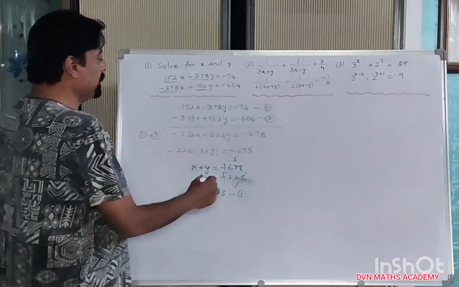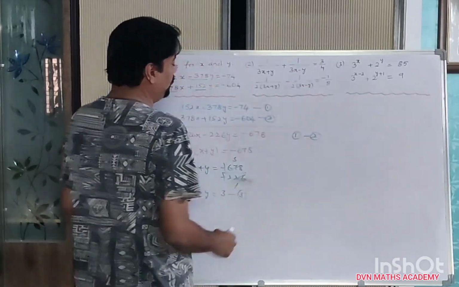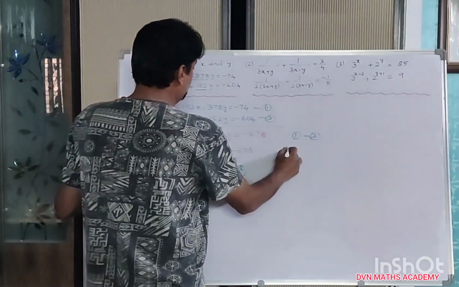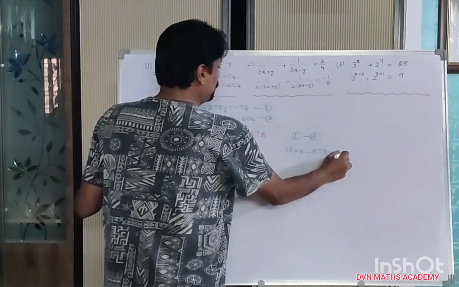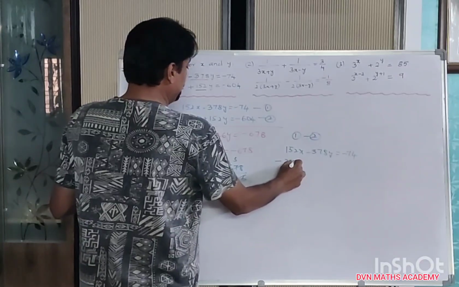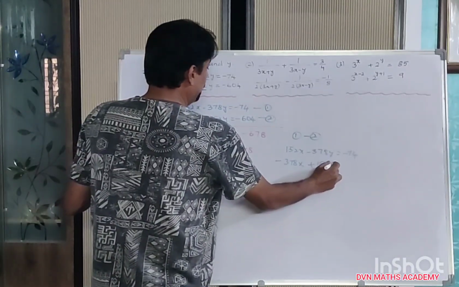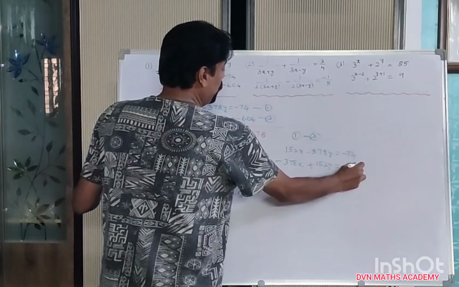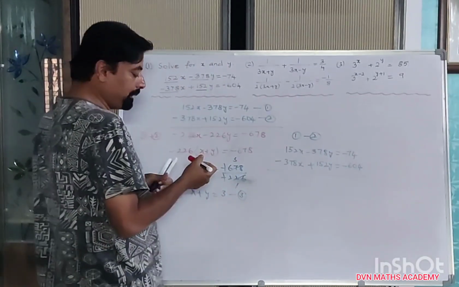The second thing, you subtract: first equation minus second equation. What happened, you see? The first equation is 152x minus 378y is equal to minus 74. The second equation is minus 378x plus 152y is equal to minus 604. Then if you subtract, the symbols of the second equation will change.